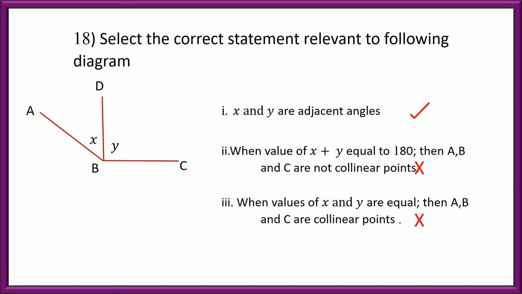Then at that time, we cannot see collinear points. Therefore, the third statement is wrong. Next one, the common arm of angle X and angle Y is BC. No, it's totally wrong because the common arm is BD. Therefore, your answer should be statement 1.